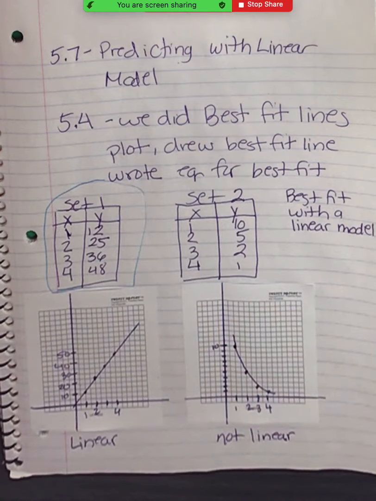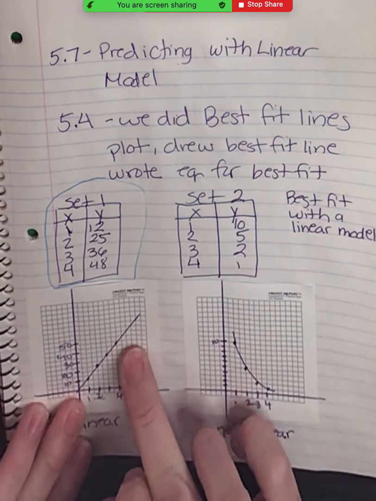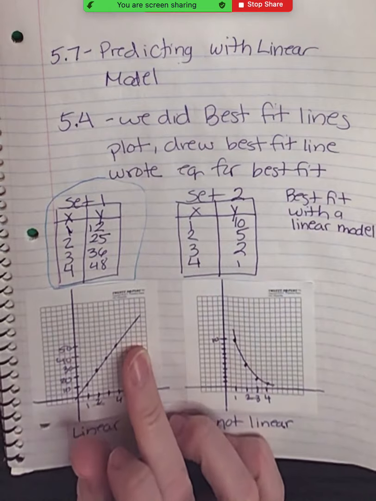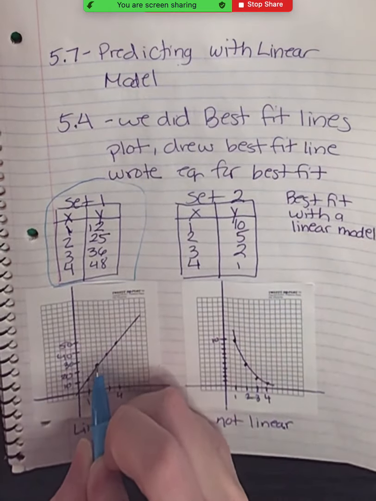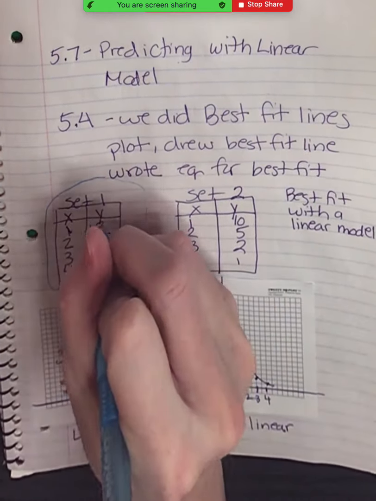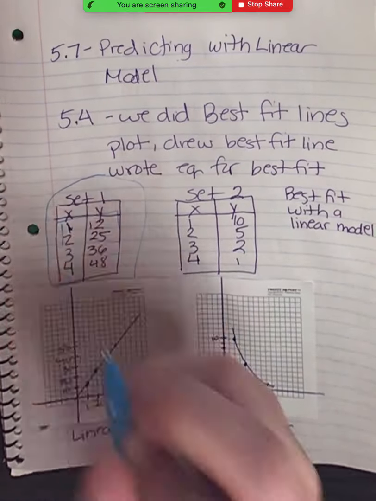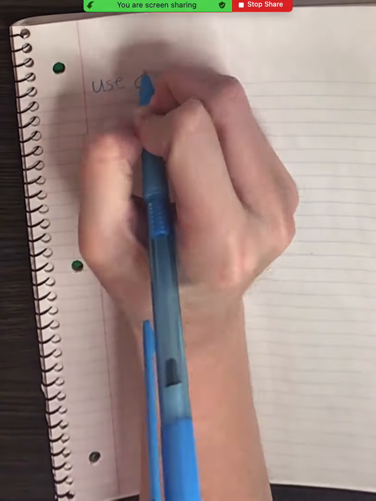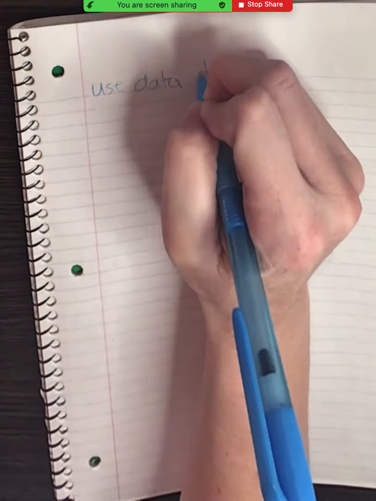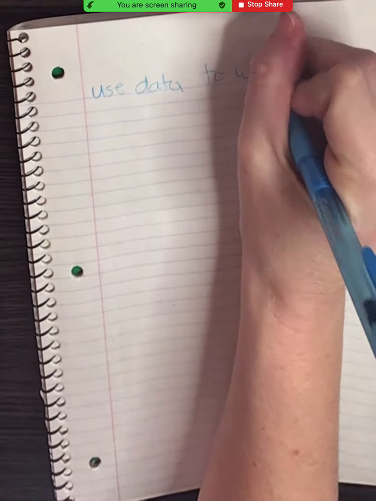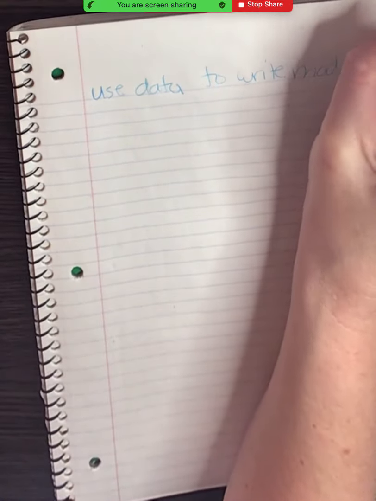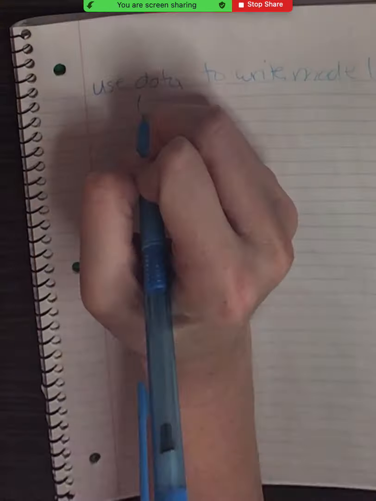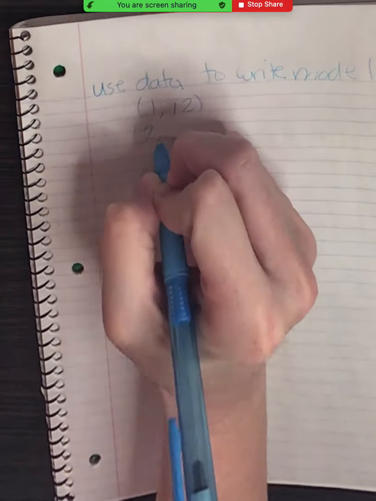So I'm going to look at my line, and I'm going to pick 2 points. So we're going to just use these two. 1, 12. Okay, so we're going to use the points 1, 12, and 2, 25.